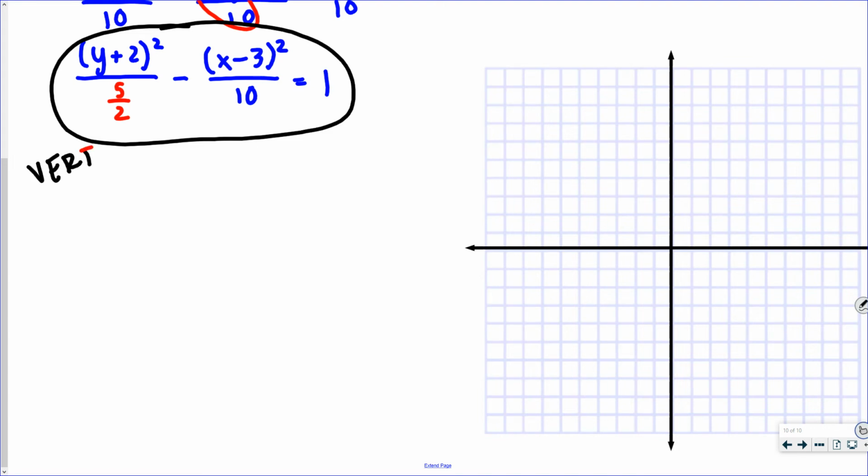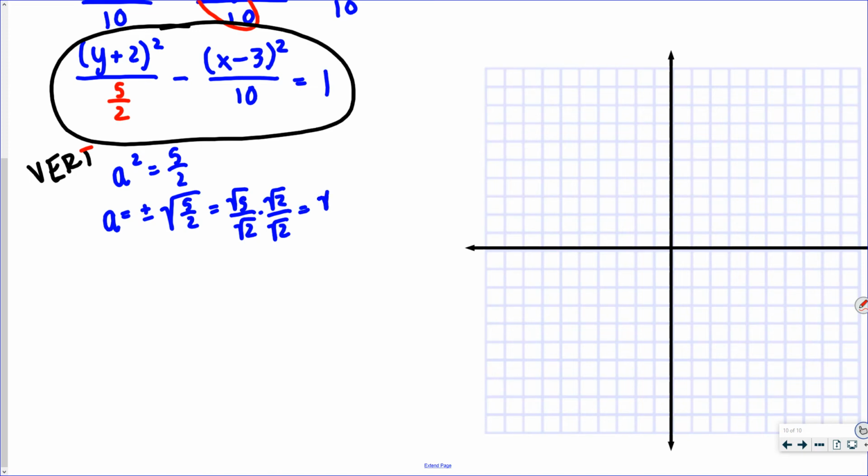The weird one about this is a squared is 5/2, meaning a is plus or minus the square root of 5/2. Back to semester 1: a is plus or minus the square root of 10 over 2, which is about 1.6.